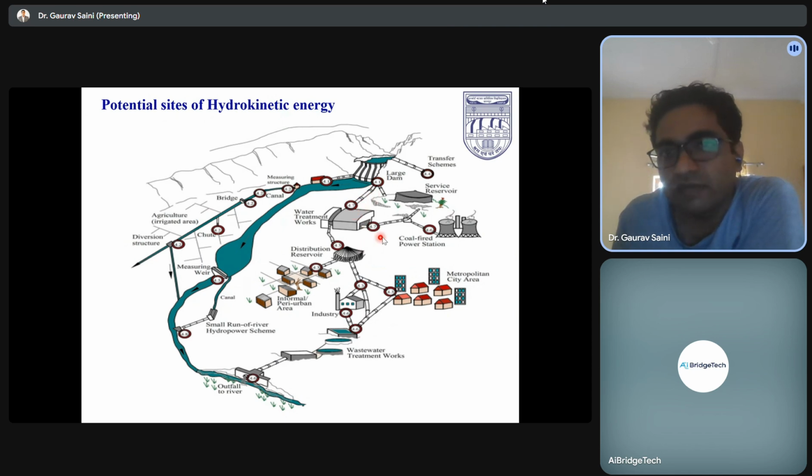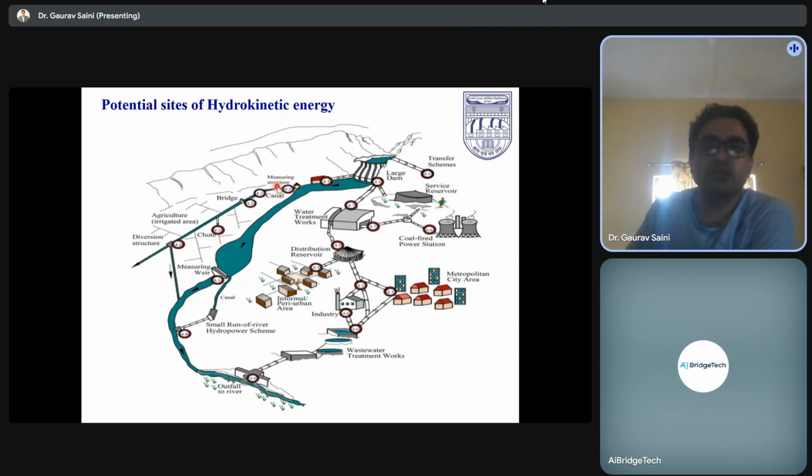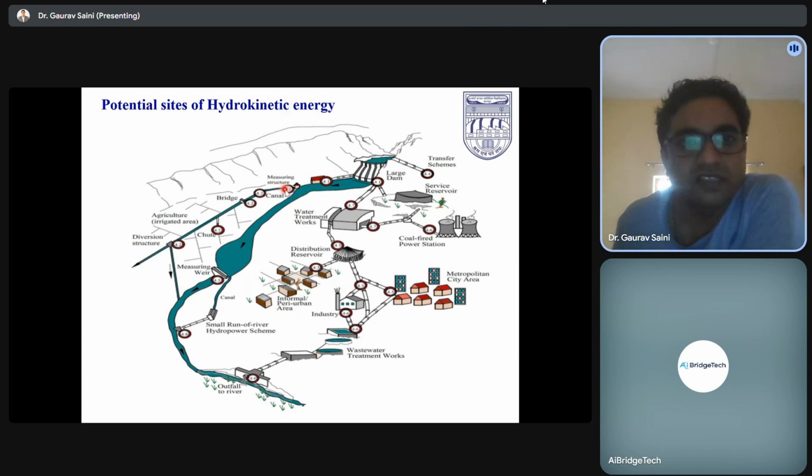And there may be some coal-fired power stations. In case of cooling towers, we are supplying the water. So these cooling tower channels may also be utilized for hydrokinetic energy generation. And there may be some measuring structures. So already existing structures may also be utilized for this power generation. There may be some small bridges, there may be chutes, there may be agricultural irrigated areas that have channels of water flow.